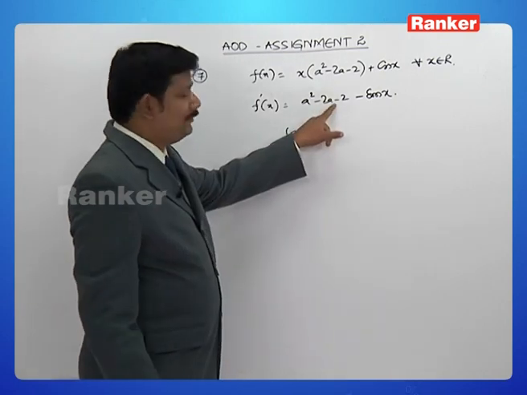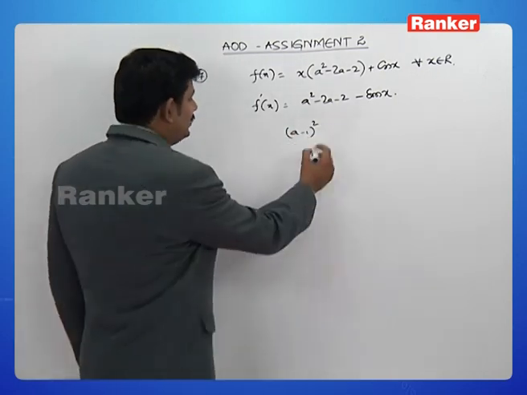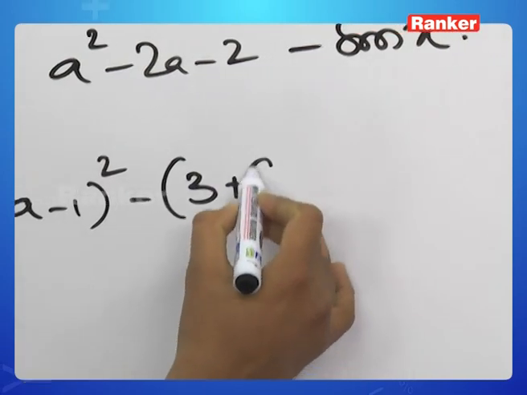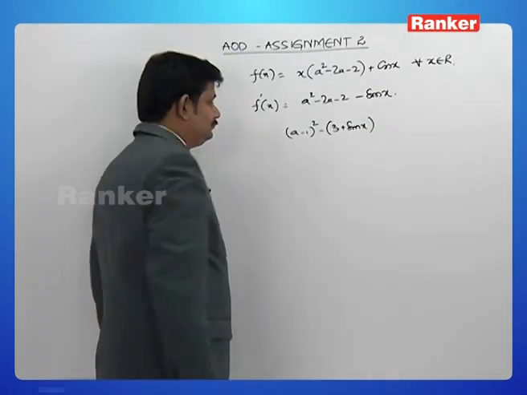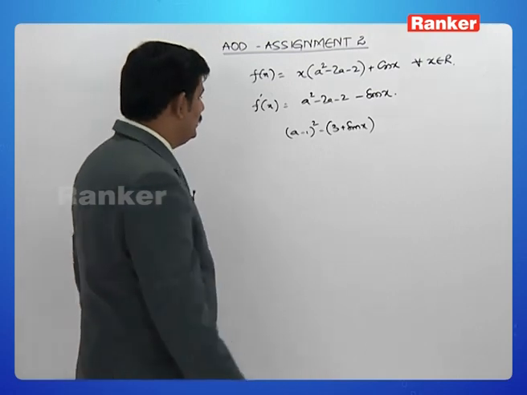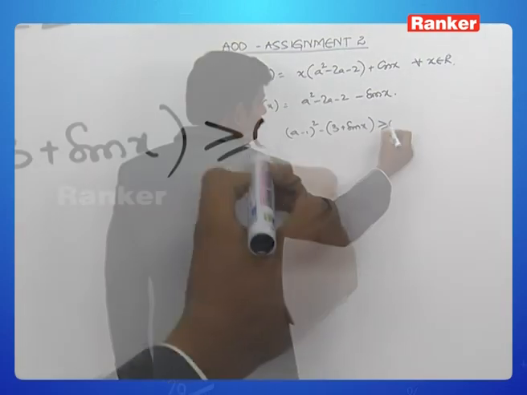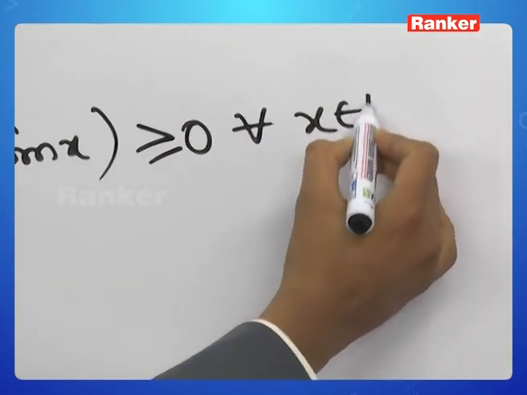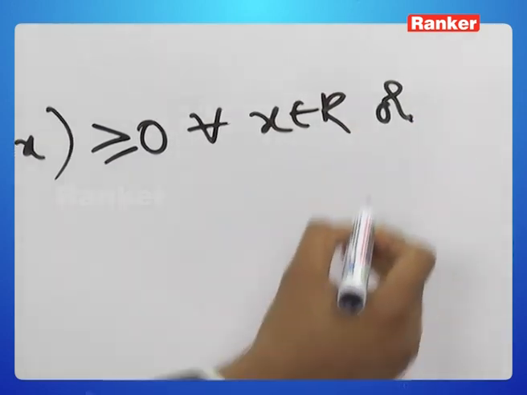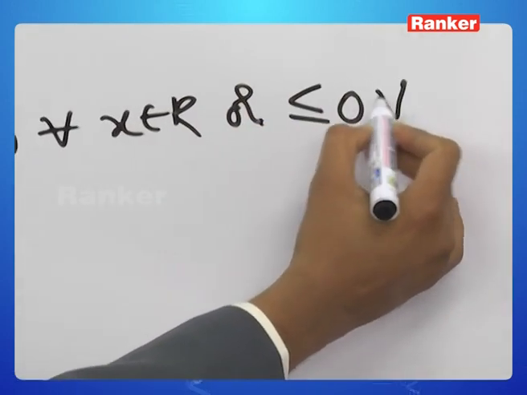For that we need to have 1, we will add subtract 1, so a minus 1 whole square minus 3 plus sin x. This quantity should either be greater than or equal to 0 for all x belonging to R, or should be less than or equal to 0 for all x belonging to R.